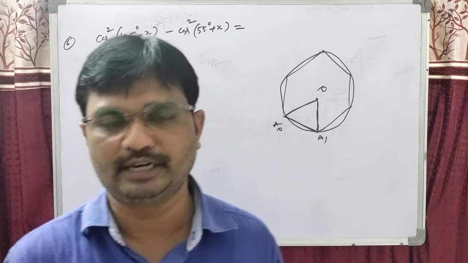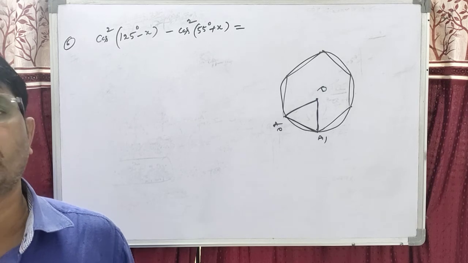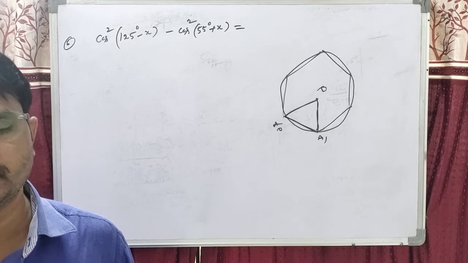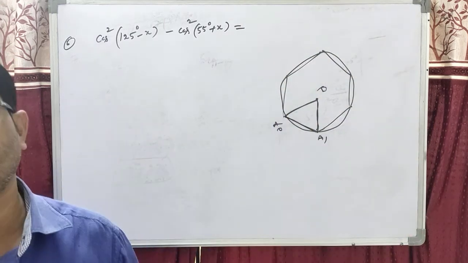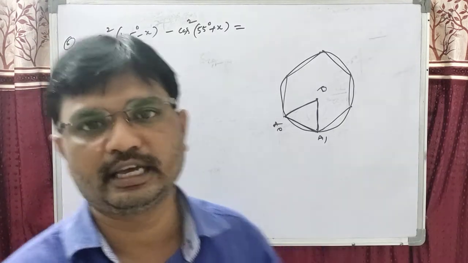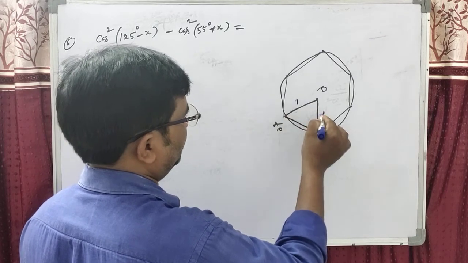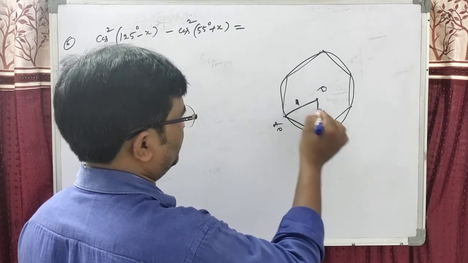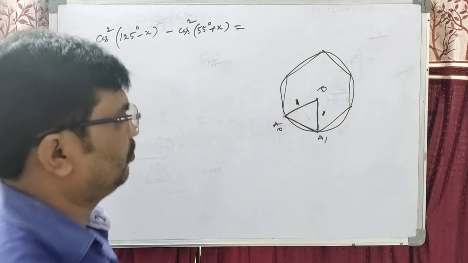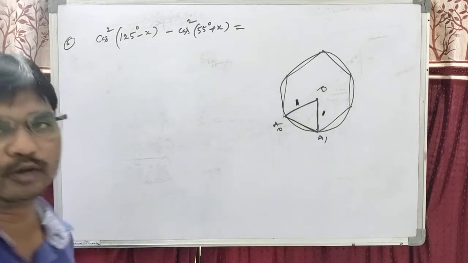In the question, what is given is that the regular hexagon A0, A1, A2, A3, A4, A5 is inscribed in a circle of radius 1 unit. This is the 1 unit. One student raised this question: why did you take 1, sir? I read it but did not write it in the question.